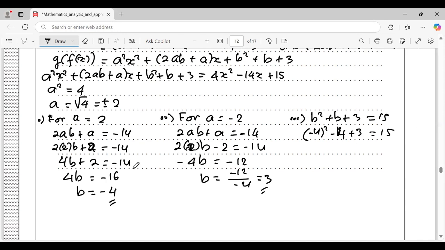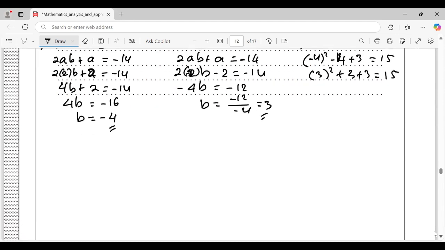So it is correct for this result. If b is 3, b squared plus 3 squared plus 3 plus 3, it is 15. So correct for b equals 3.